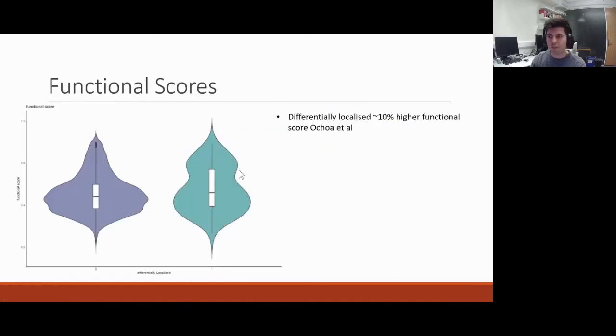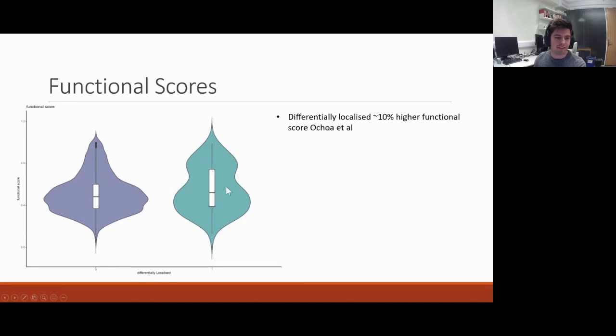Now, we identify just less than 100 proteins where they have a differential localization upon phosphorylation, and we compare these to the functional score of this Nature Biotechnology paper. And in general, we found that our differentially localized phosphoproteins had a 10% higher functional score.